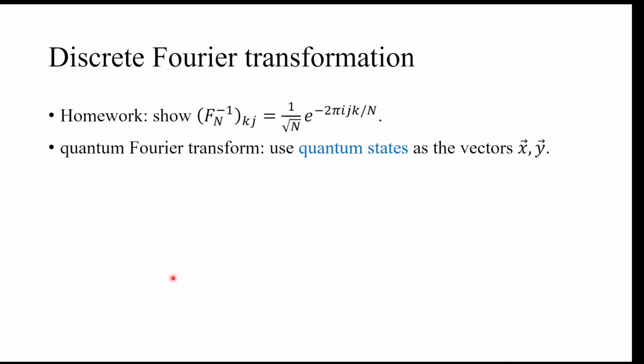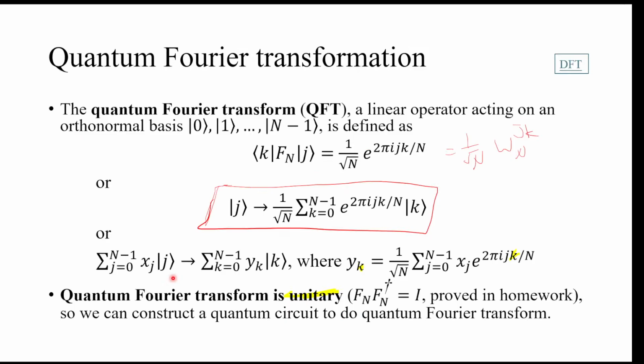If we implement those unitaries as a quantum gate, that's called the quantum Fourier transform. It transforms one quantum state to another, just like the classical Fourier transform takes one signal to another signal, but now those signals are quantum states, and the data of your signal is the amplitude of your quantum state.